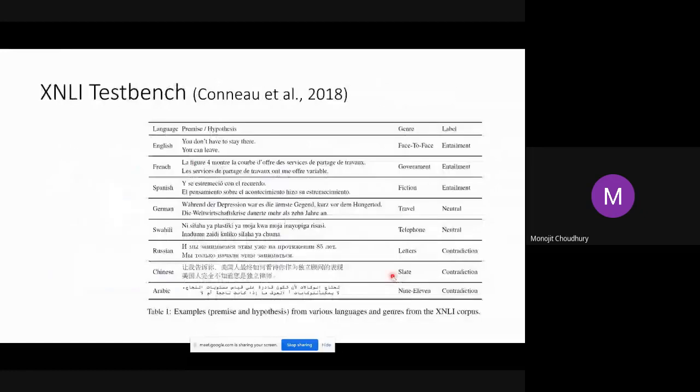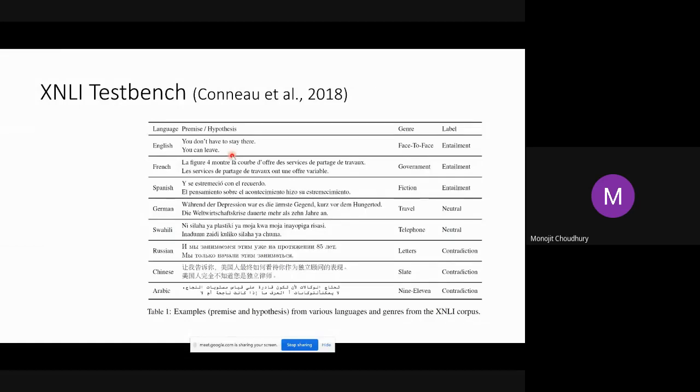So let me give you one concrete example, some data on how well it works. This is a particular task called XNLI, cross-lingual natural language inferencing. So natural language inferencing is: you are given a premise, which is a sentence, like you don't have to stay there, and a hypothesis, which is another sentence, like you can leave.